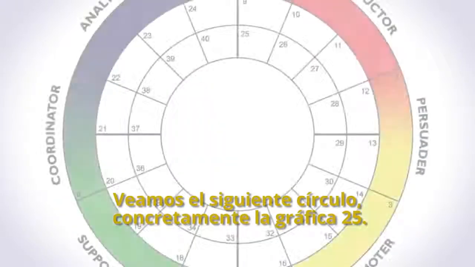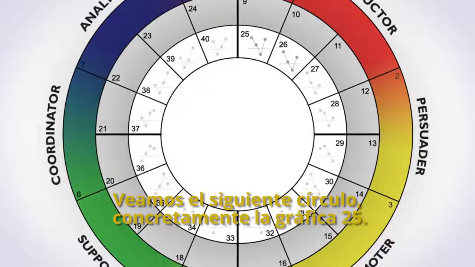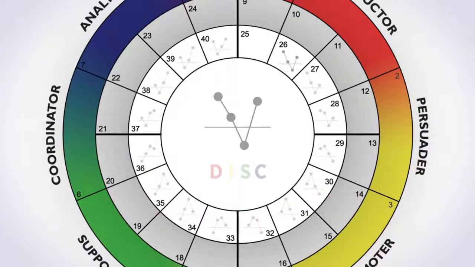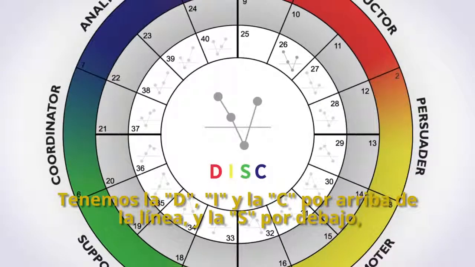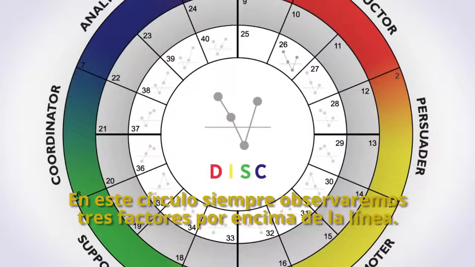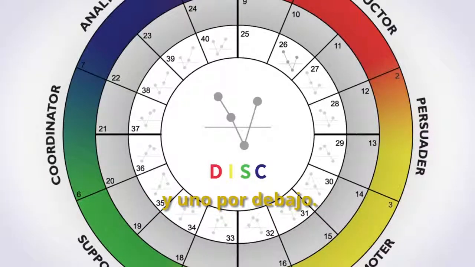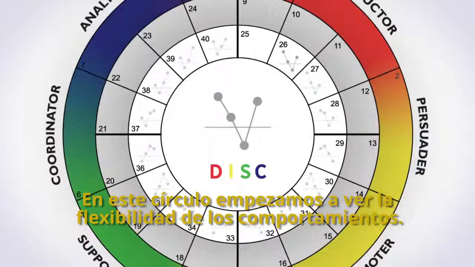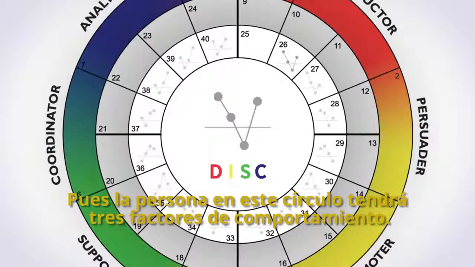Looking at the third ring, this looks specifically at number 25. We have the D, I, and C above the line and the S below the line. On this ring, we always have 3 plot points above the line and 1 below the line. Now we're getting the flexibility coming in because on number 25, that person is using all 3.